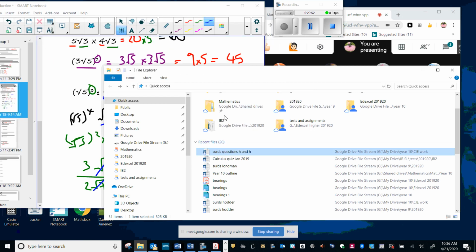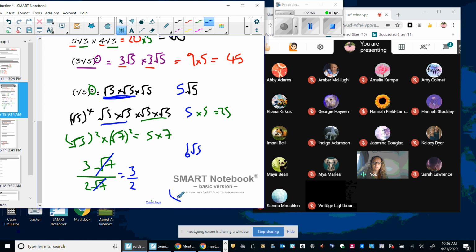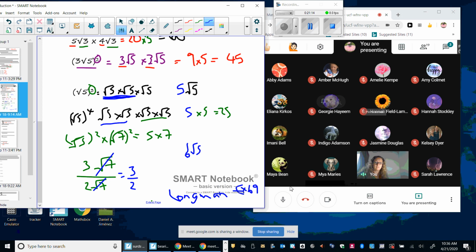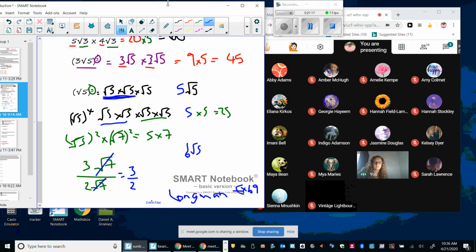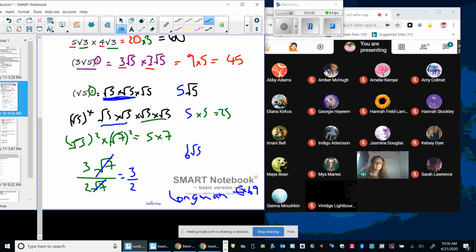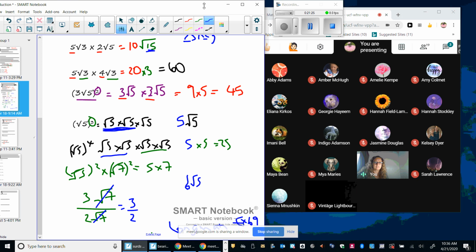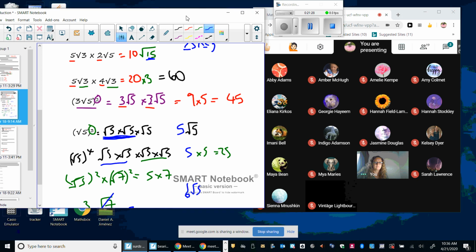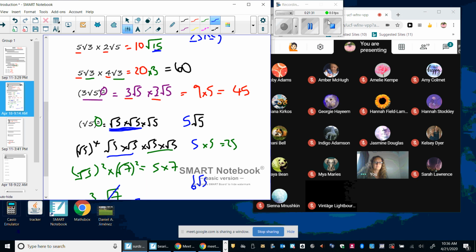For the last 10 minutes, you're going to have a look at exercise 69. So it's just the first one. There's a few questions. The answers are on there, so you can check to see if you've understood it. I'll stay on here. So perhaps if you all stay on here and have a go at those questions, you can ask me if you're stuck. On the Google Classroom, find the Longman exercise, and it's exercise 69. Okay? I'm going to stop recording now.